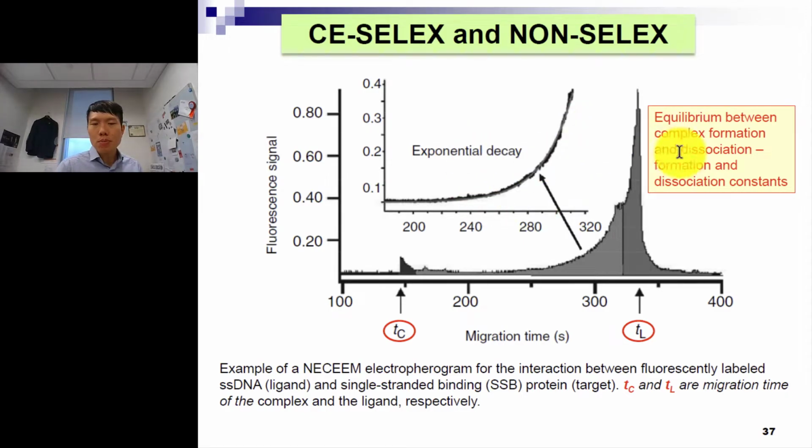Of course, because there's a fluorophore involved, there could be some decay because of the complexation, so we want you to see that. There's this equilibrium reaction occurring between the complex formation and dissociation. So it's sort of like a stretch, pull and push.